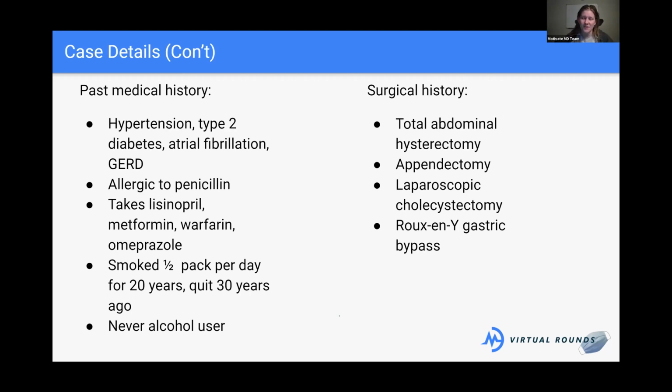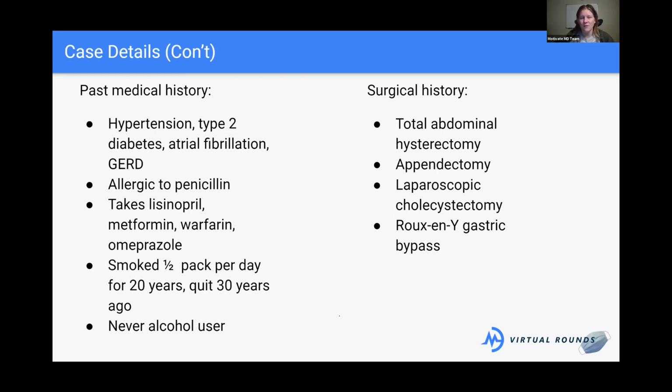Especially when you're in surgery, but with any good medical practice, you should take a thorough surgical history as well. It's very relevant to small bowel obstructions for reasons that we'll talk about a little later. But this woman has a very extensive surgical history, particularly abdominal surgeries. She has had a total abdominal hysterectomy, which is the removal of her uterus.